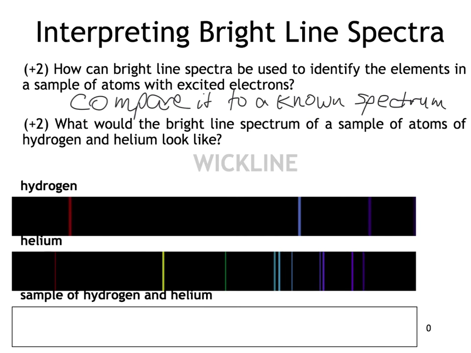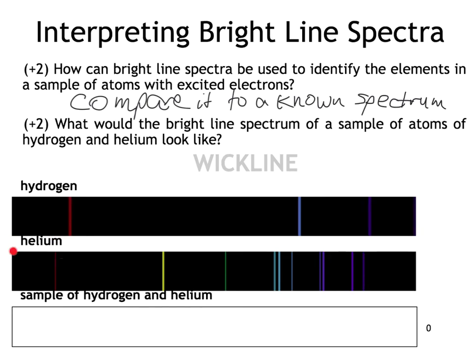Another question, what would the bright line spectrum of a sample of atoms of hydrogen and helium look like? So what I'm getting at here is that you have two different elements in the sample, and each element has its own bright line spectrum. That's what sort of makes this answer possible, but hydrogen has one bright line spectrum and helium has its own.